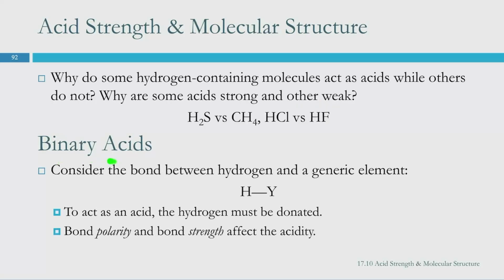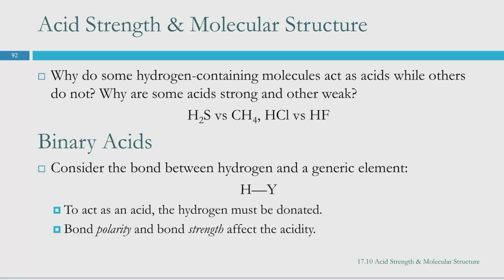So for our binary acids, things where we just have hydrogen and one other thing, something that's negatively charged, a nonmetal, if Y is our generic element, in order for this to act as an acid, the hydrogen needs to be able to leave. And it leaves as H+.